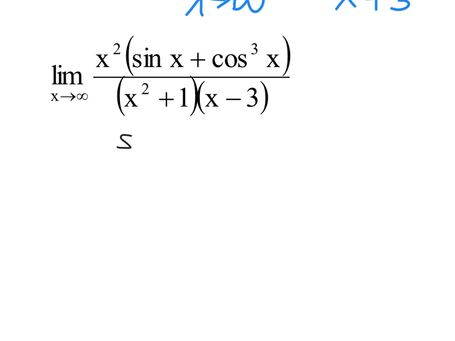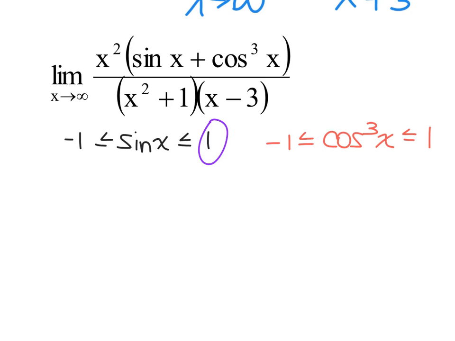So sine is between -1 and 1. Cosine cubed also. So add these.